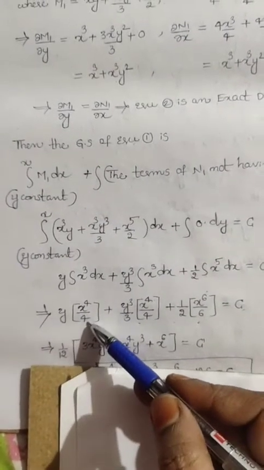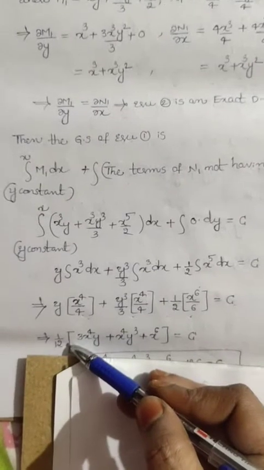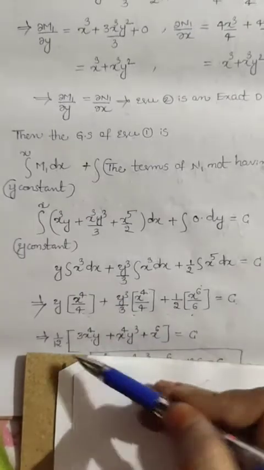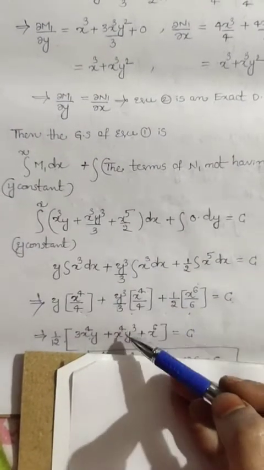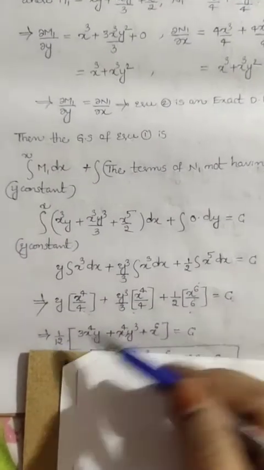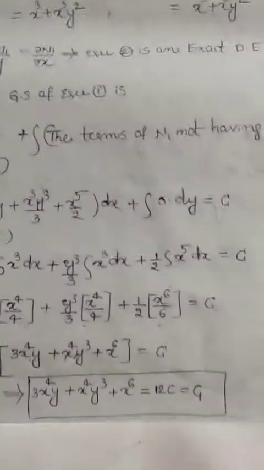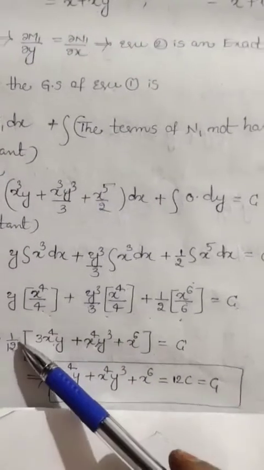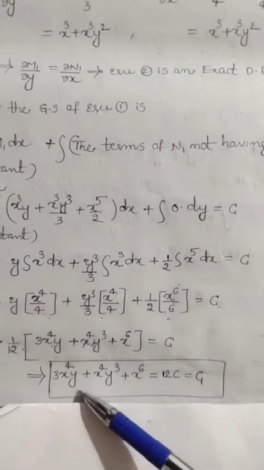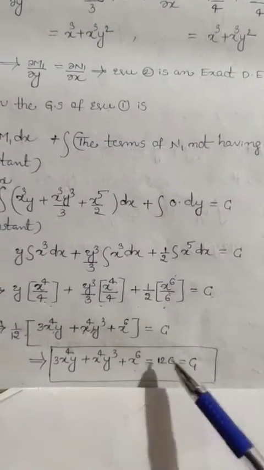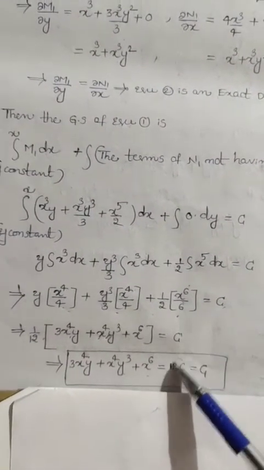So 4 into 3 is 12, giving 3 x power 4 y, plus x power 4 y cube, plus x power 6, equal to c. Taking the 12 to this side, 3x power 4 y plus x power 4 y cube plus x power 6 equals 12c, and 12c can be written as c1.